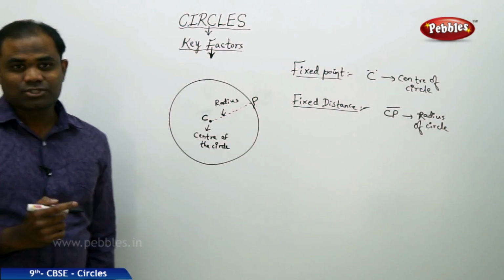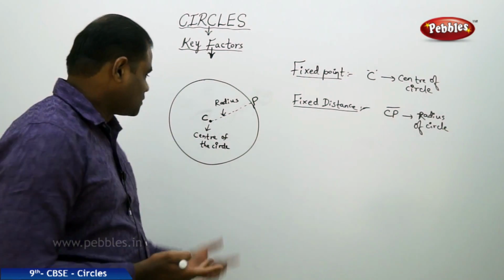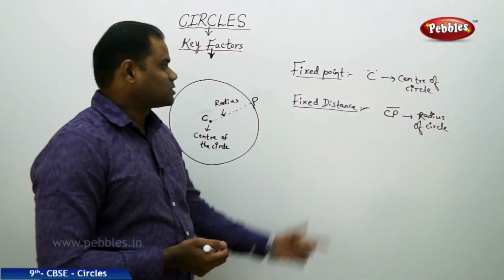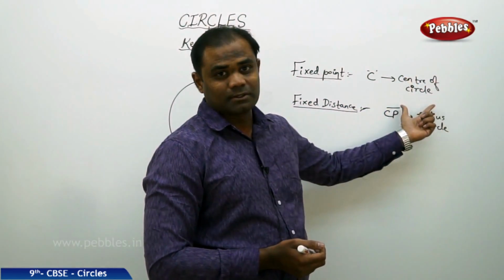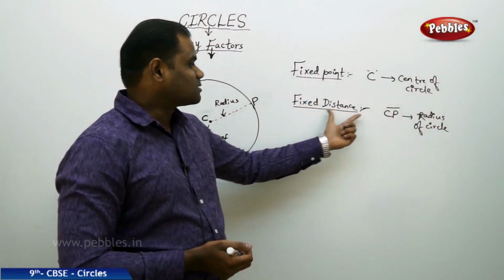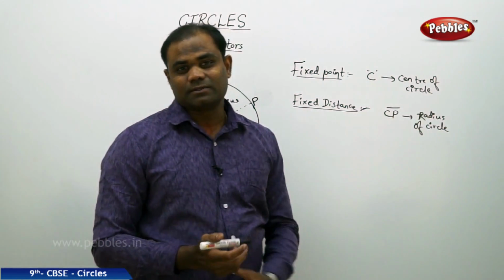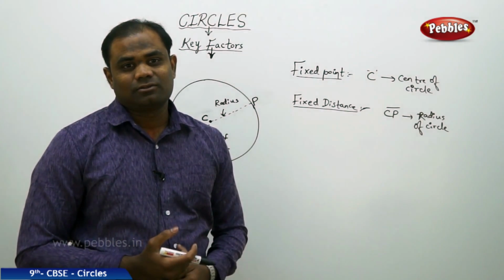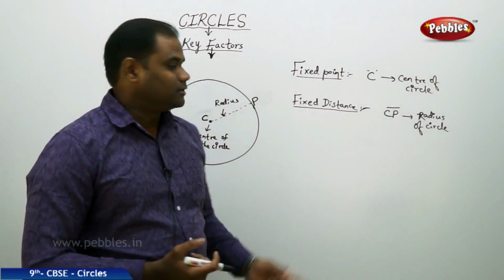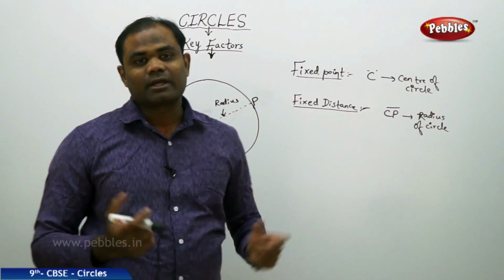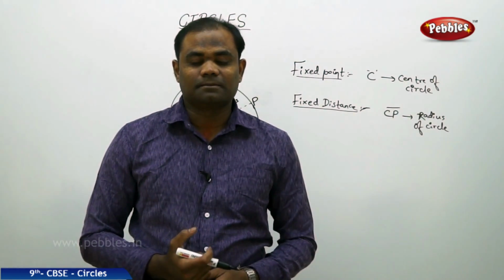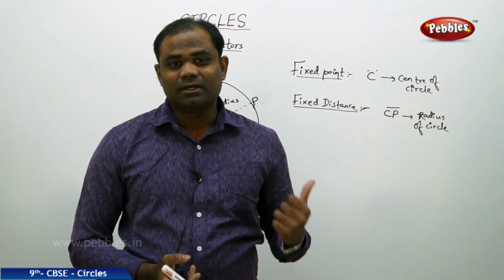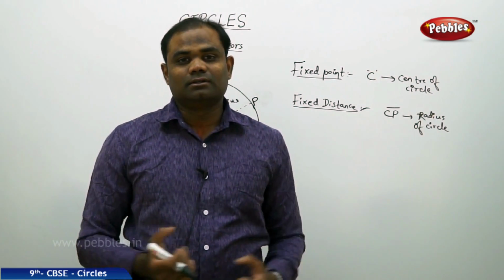So circle has two important key factors. One is the center, one is the radius. The fixed point being the center of circle and the fixed distance being radius of circle. Radius and center for the circle with fixed distance and derived circle is how we understand the key factors involved with a circle.